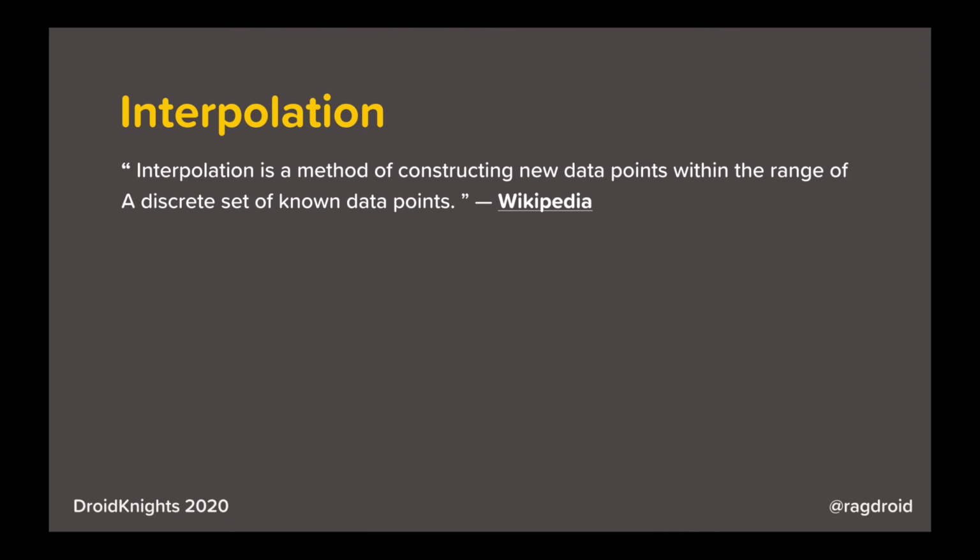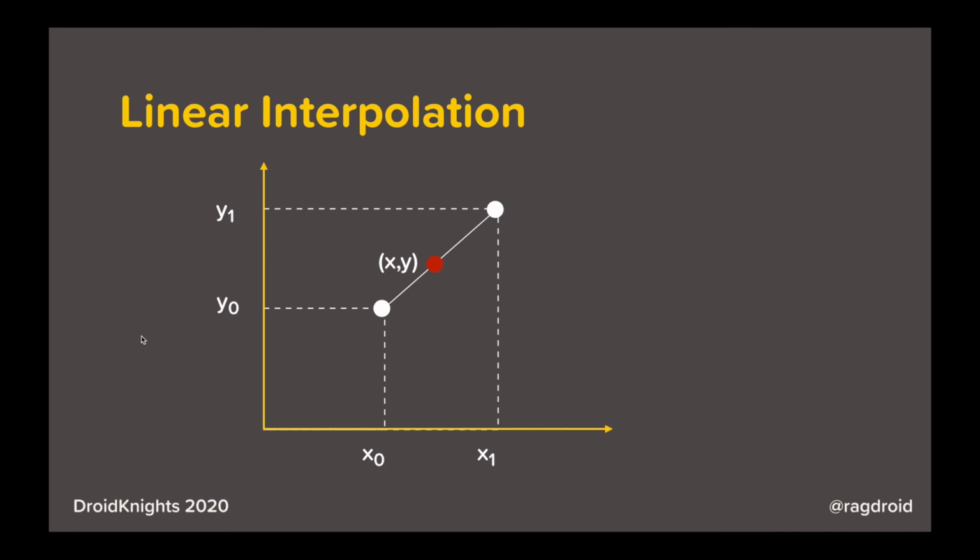So what is interpolation? Given 2 points, for example x0 y0 and x1 y1, we can find a middle point in between, which will be the result of interpolating between these 2 points, in this case linear interpolation. But our lives are not that simple.